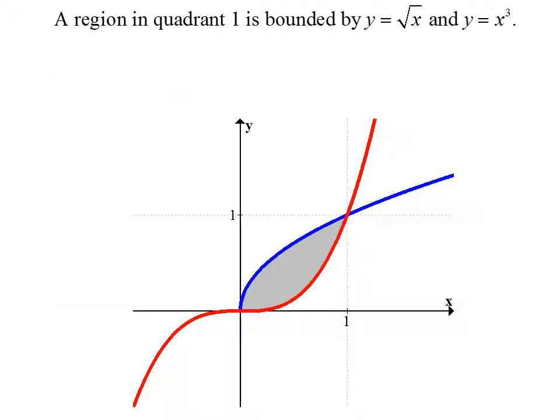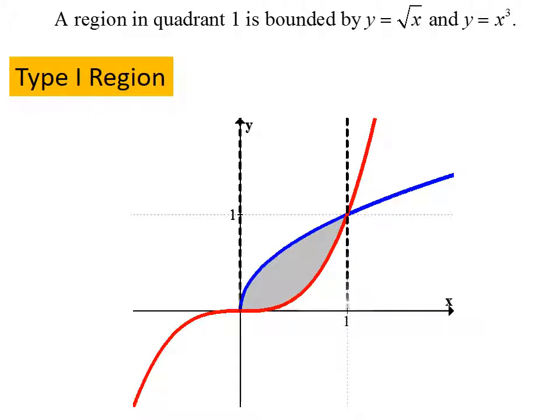Now here we have the gray shaded region that's bounded by the graphs of y equals square root of x and y equals x cubed. When we talk about a type 1 region, that means that we should be able to put a vertical rectangle in this region and describe the function that's on top and the function that's on bottom of any such vertical rectangle within that region.